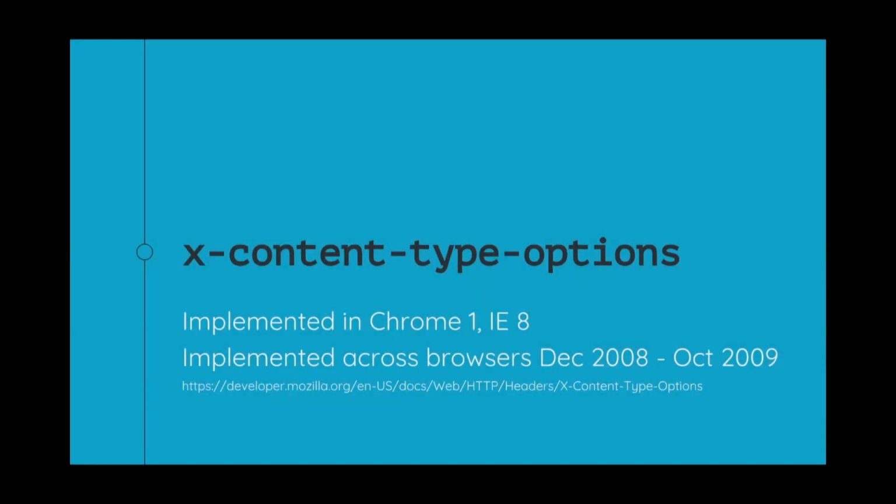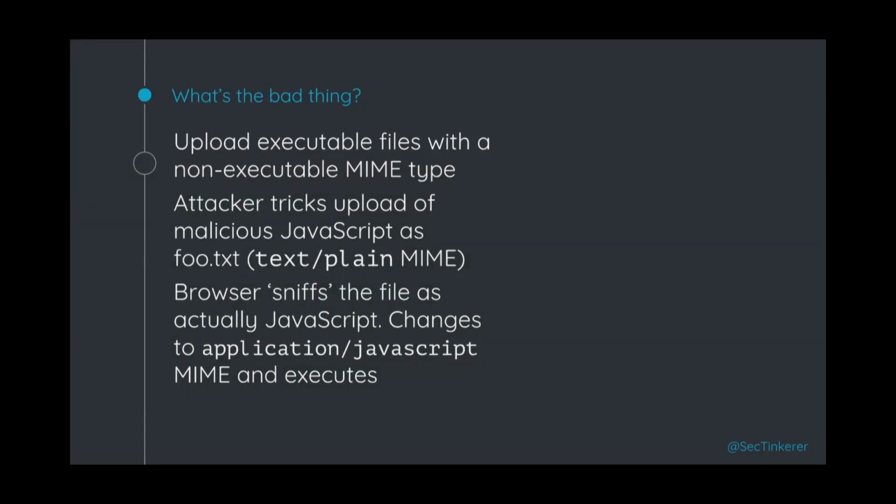So the first one that kind of jumps up on the scene is this X-Content-Type-Options, about a decade ago, somewhere around December 2008. All right, so what's the bad thing? So back in the day when people were building websites, browser manufacturers found that people kept on running into this problem of, why is my JavaScript just displaying as a text file and not actually running?